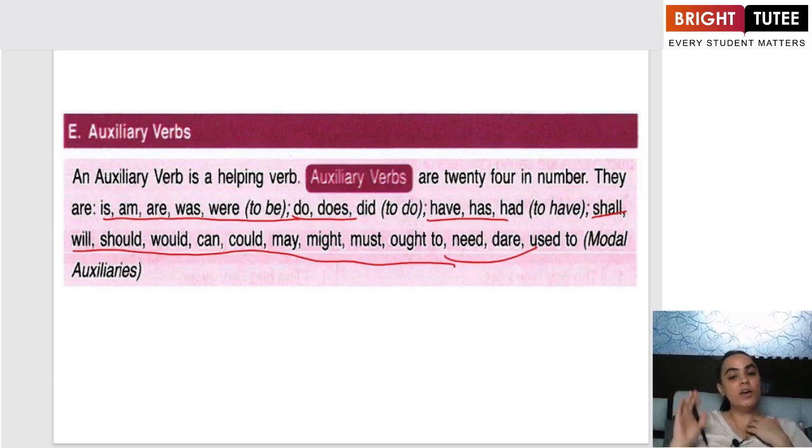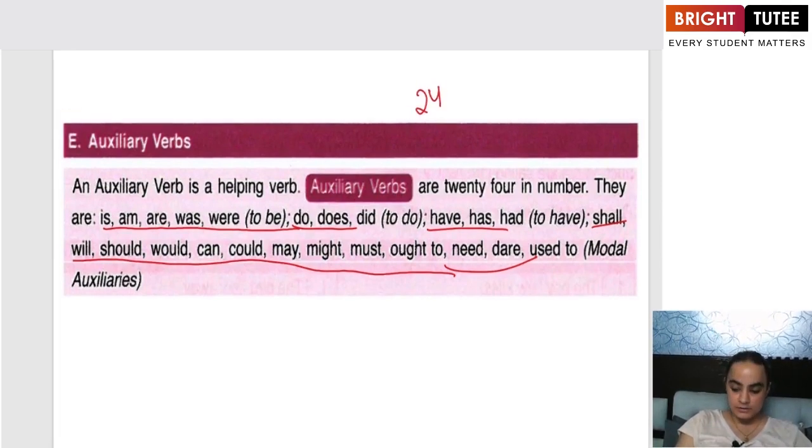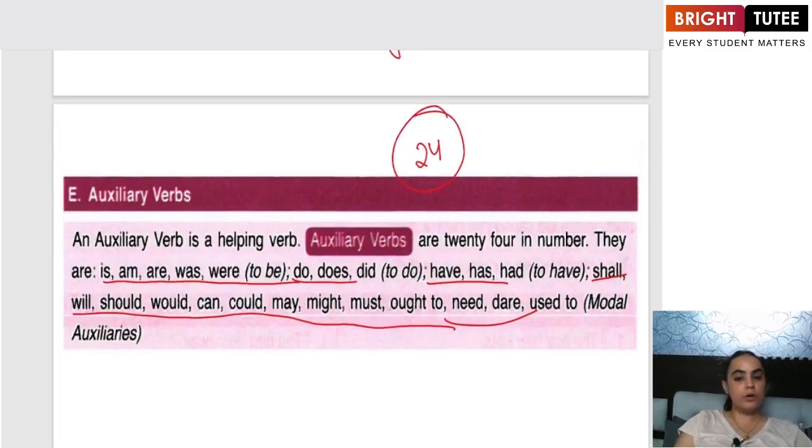All these are the auxiliary verbs. So basically there are 24 auxiliary verbs. And auxiliary verbs include not only the modal verbs but also the forms of be, that is, am, are, was, were. The forms of do, that is, do, does, did. The forms of have, that is, have, has, had. And all the modals.